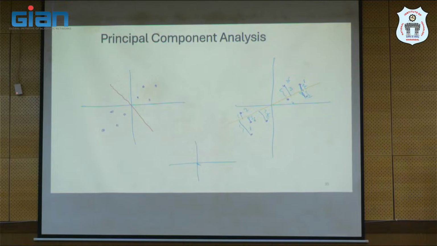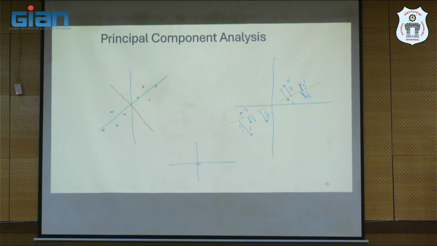If I do a projection of all the data points onto this line, and I add all the distances, that will give me my total error. So this red line that I originally drew is probably having a higher error than a green line that I can draw like this.